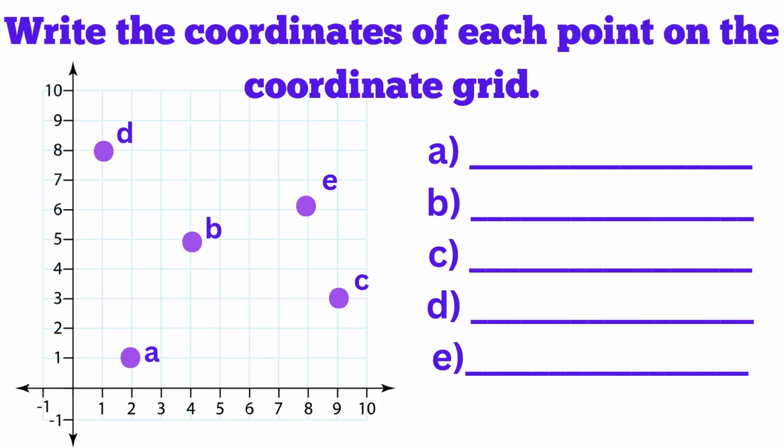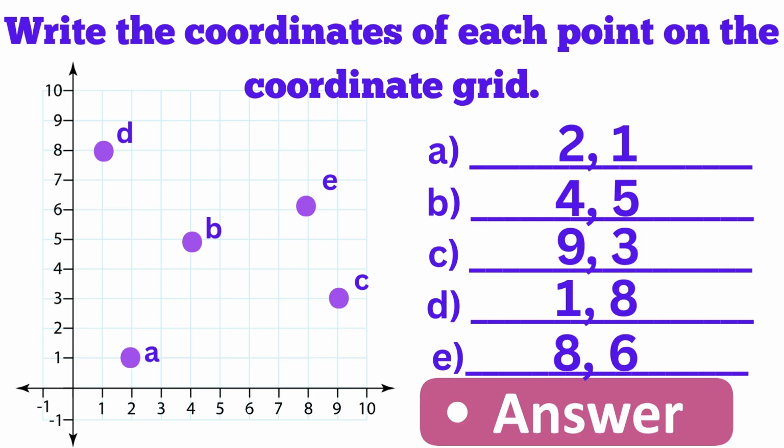For this next question, you need to write the coordinates of each point labeled A through E on the coordinate grid. Pause the video now and try it on your own. Remember, we always write coordinates as x, y, where x is in the horizontal position and y is in the vertical position.